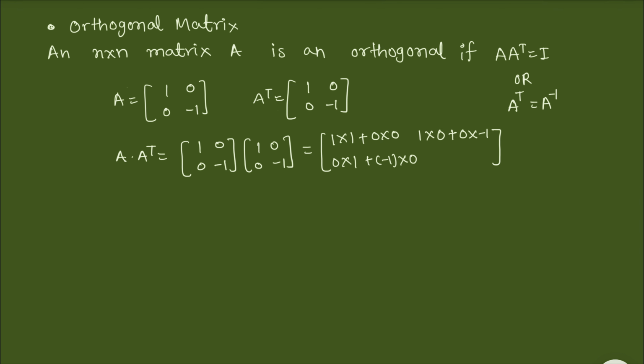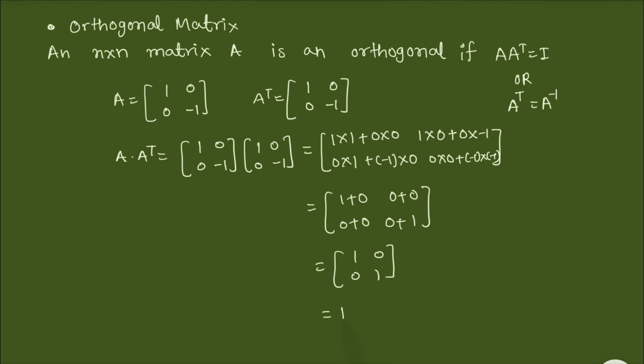Now second row to second column, which is 0 into 0 plus minus 1 into minus 1. Now which is equal to 1 plus 0, 0 plus 0, 0 plus 0, 0 plus minus 1 into minus 1 is 1. Now which is equal to 1, 0, 0, 1, an identity.